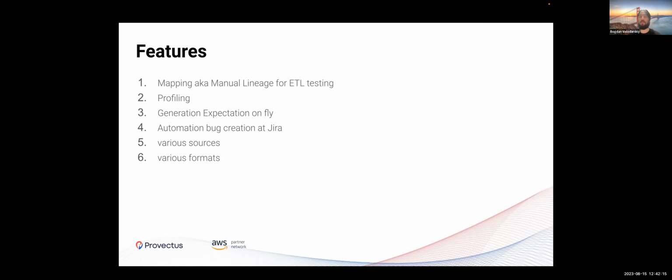So also, after all this magic, we could automate bug creation in Jira for now, but we're already working on some GitLab options, etc. We're also already working with various sources and formats, but mostly it's AWS stuff, because in almost all our projects we work only with the AWS cloud.